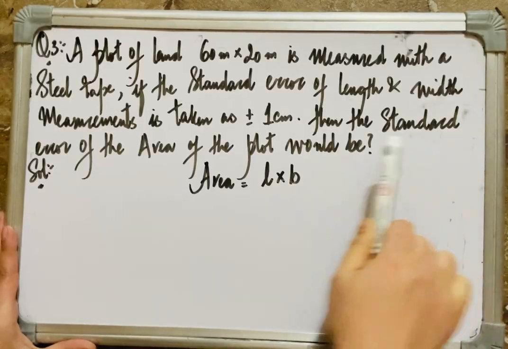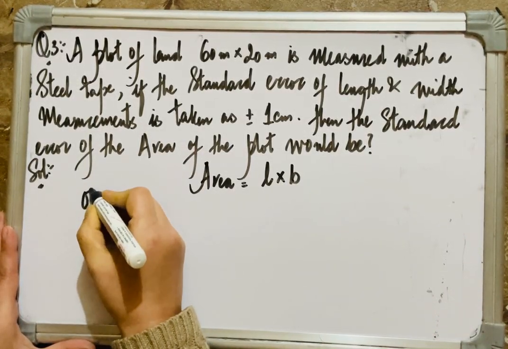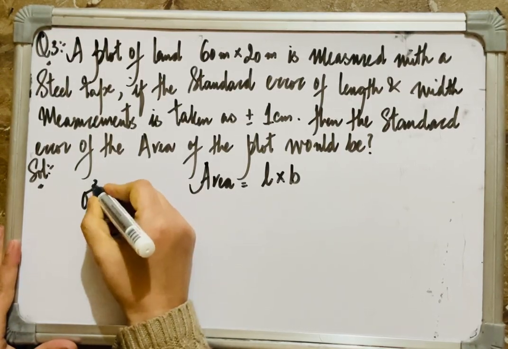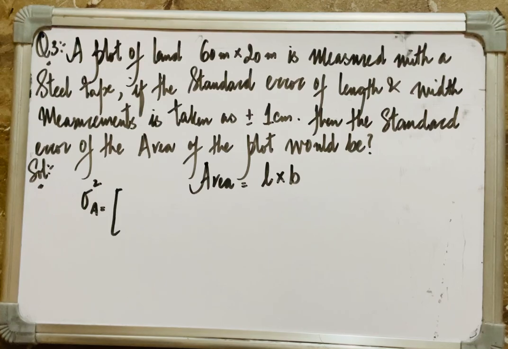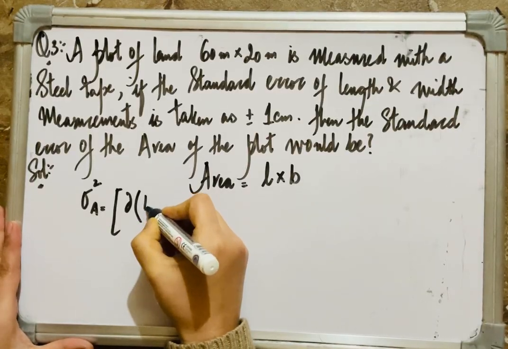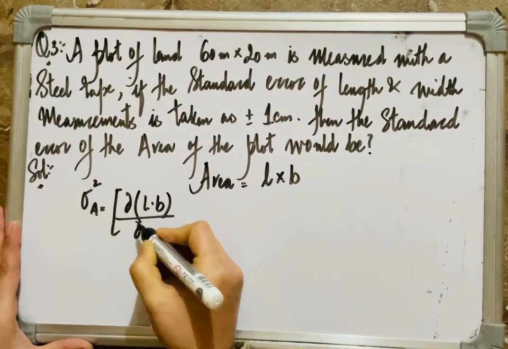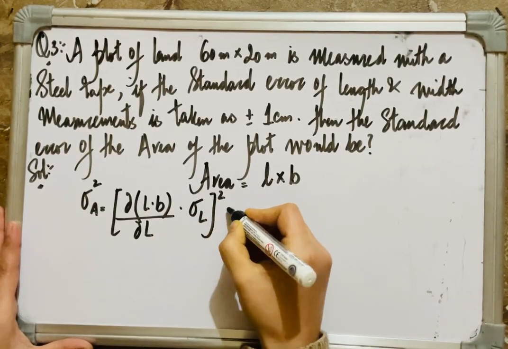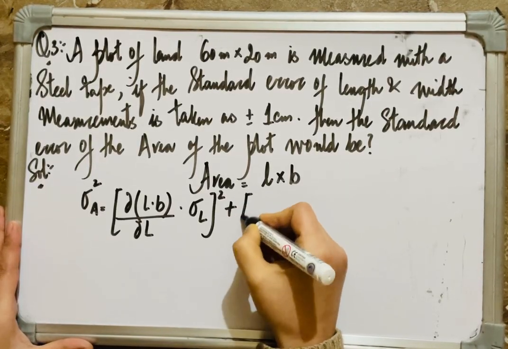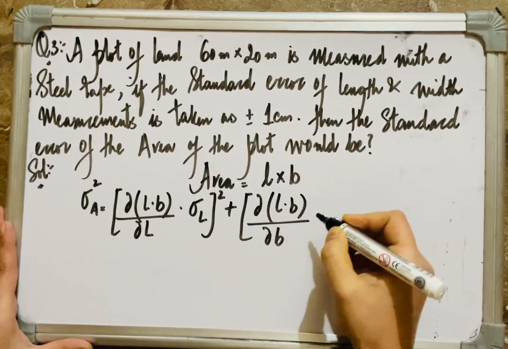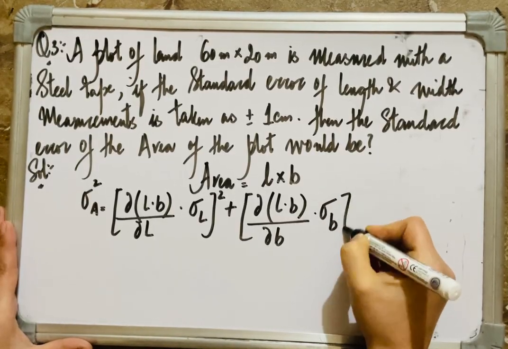I have to calculate what? The standard error of the area. Let me denote it as sigma A. This will be by differentiating the observed quantities and then summing them up. So let me write it as, what will be this? Partial derivative of L cross B with respect to L, times the error in length, square of it, plus the partial derivative with respect to B, times the standard error in B, the square of it.